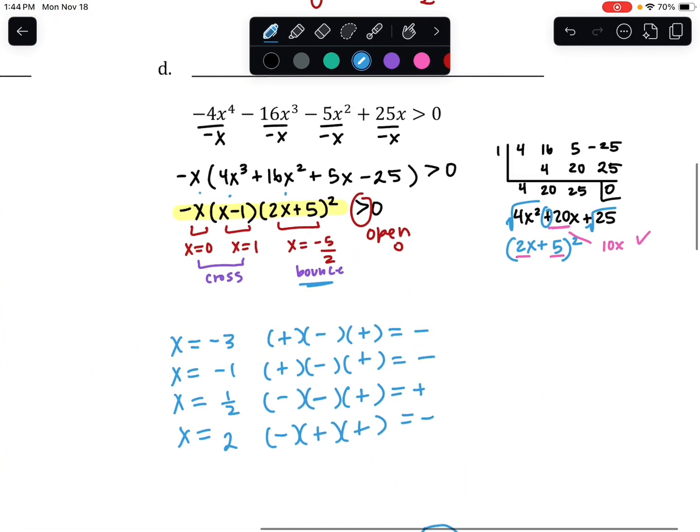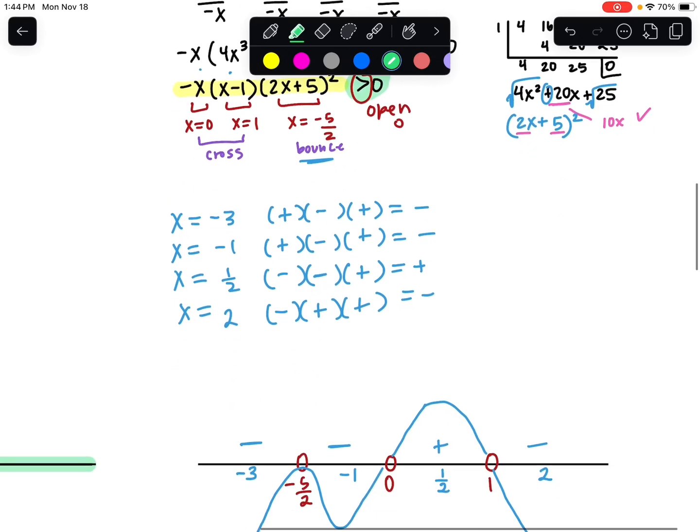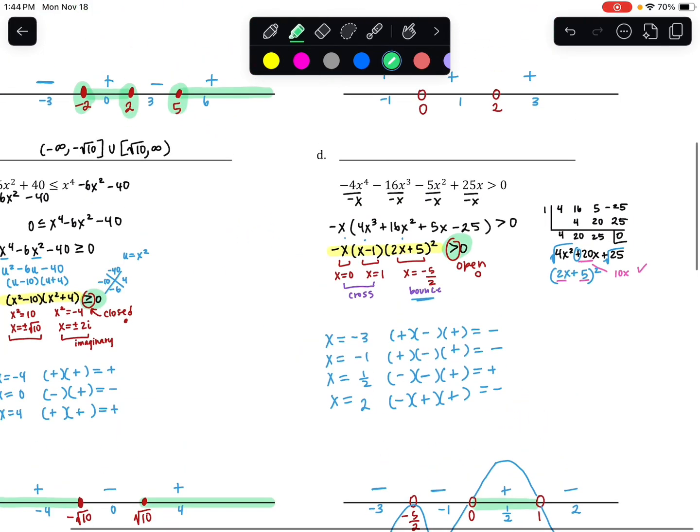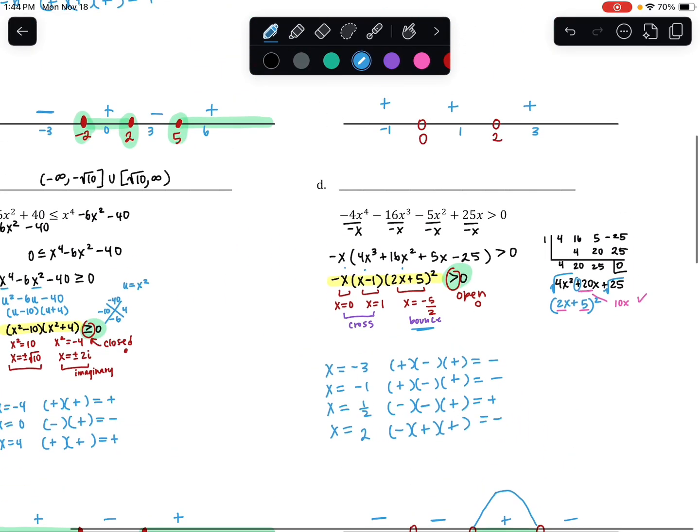And so to see what this question is asking for, they want to know where it is greater than 0. So we're looking for our plus signs, and that is only the interval between 0 and 1. And so because we have open circles, we're going to use parentheses and just say 0 to 1.